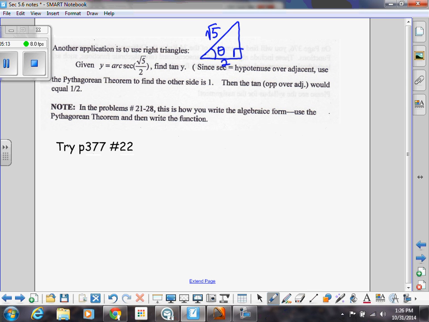Then what could I do to find the third side? Pythagorean theorem. We're going to get 1. So the tangent of theta would just be 1/2. Any questions about that one?